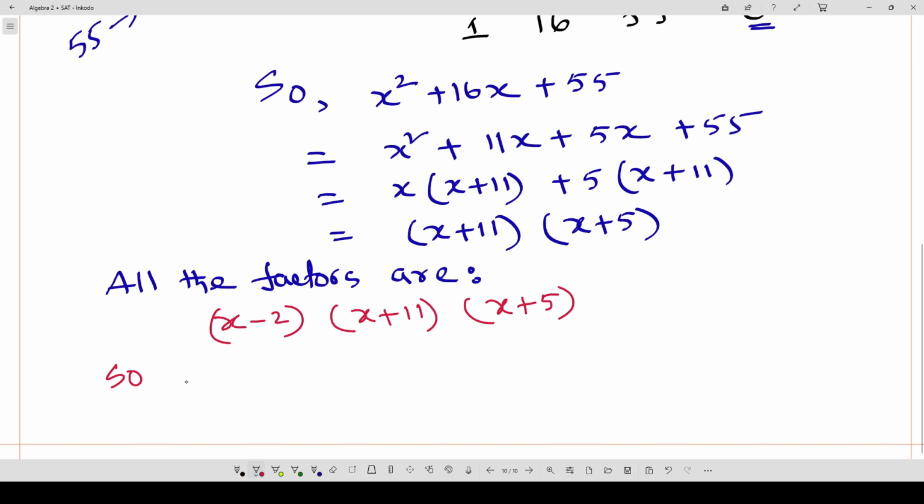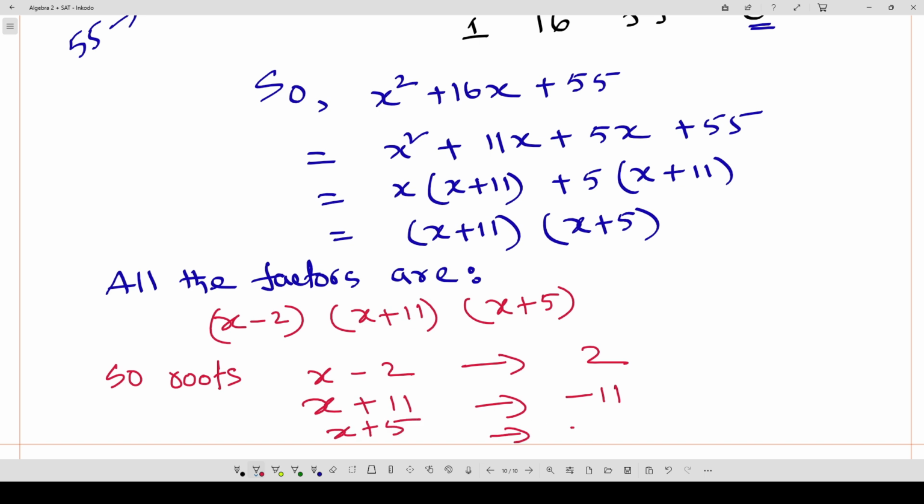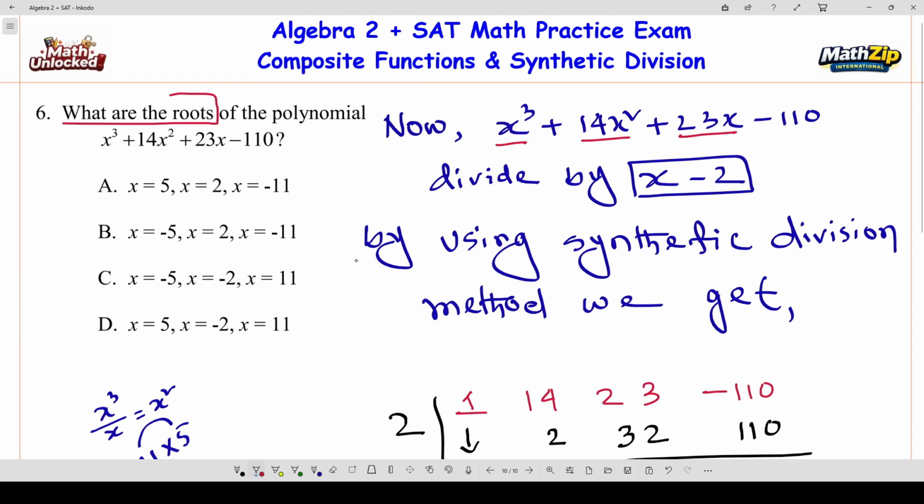So roots: x minus 2 gives 2, x plus 11 means minus 11, x plus 5 means minus 5. So 2, minus 11, minus 5. So what is the result? 2, minus 11, minus 5. Our required answer should be number B. Here x equals 2 initially, and finally we also get minus 11 and minus 5, and this is our answer.